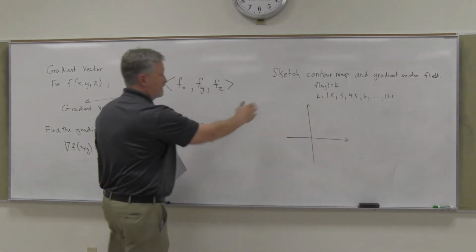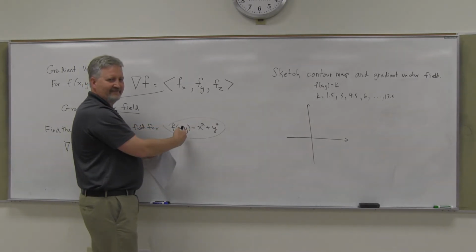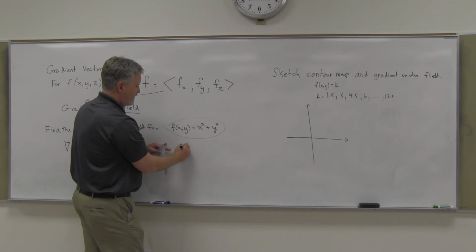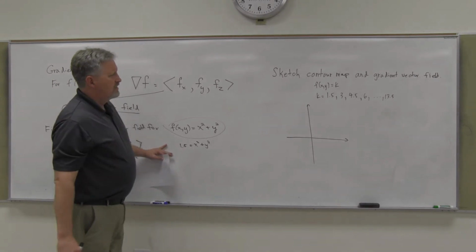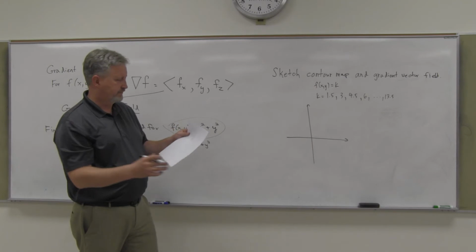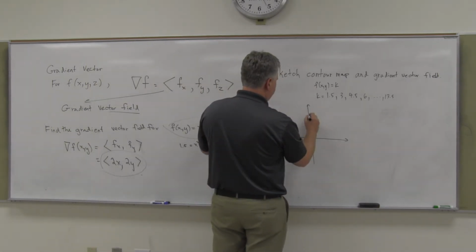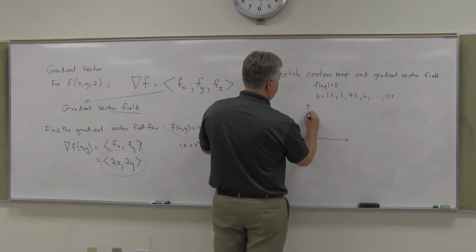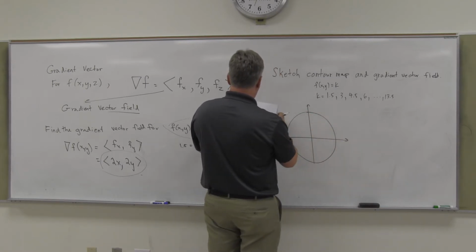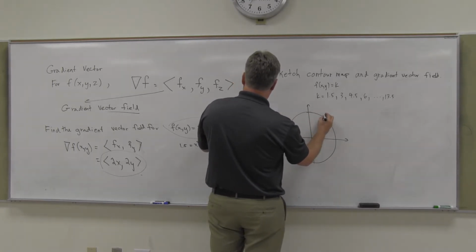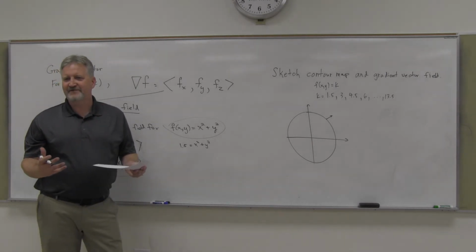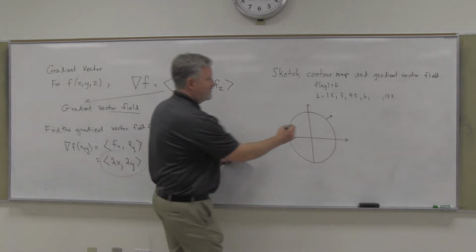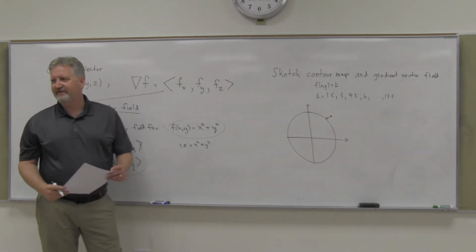For one thing, if you do these contours, you get circles, right? Because if you plug in 1.5, it's a circle of radius square root 1.5. So the contour maps are circles. But one thing we can point out is, I think it's about 2.5 there. One of those circles, or several of the circles, you can see one of the vectors touching. Well, do you notice a little perpendicularity going on there?